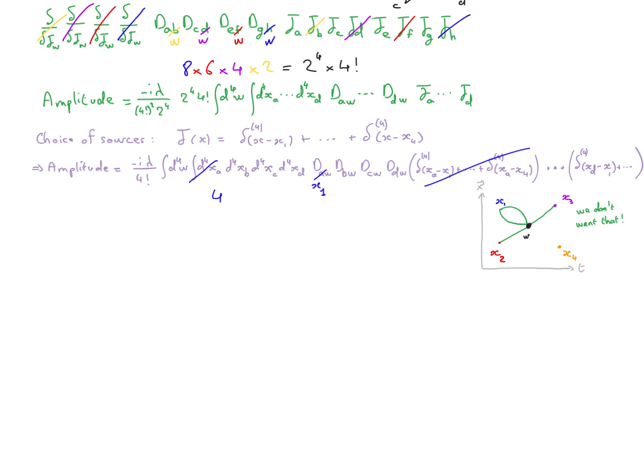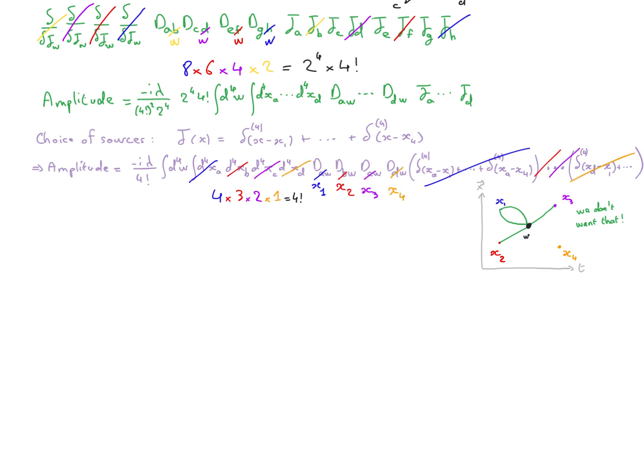So we are not looking at a problem where we create 3 disturbances of the field and only annihilate one. We want to have a collision where two incoming disturbances of the field collide in W and then scatter and are annihilated later in x3 and x4. So that means there are only three choices for xb because I have already chosen x1 for xa. And similarly for the last two integrals.